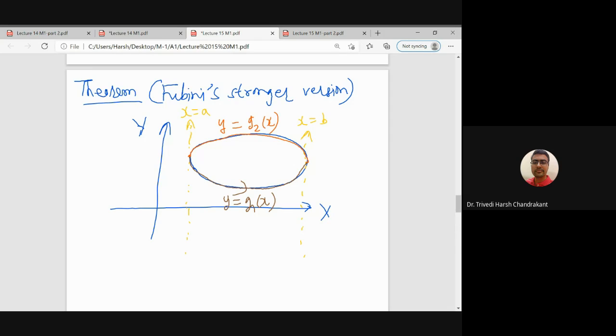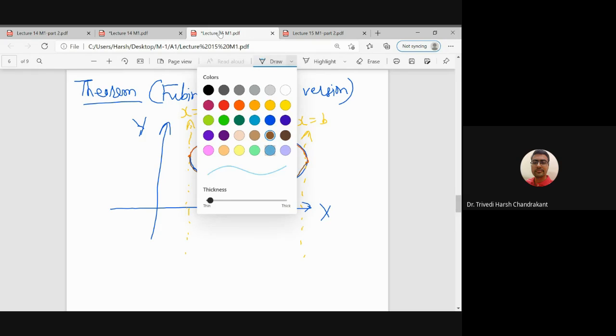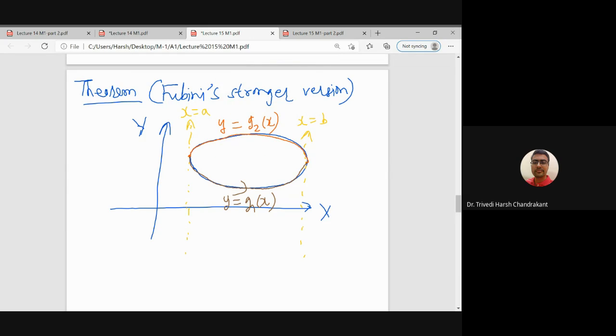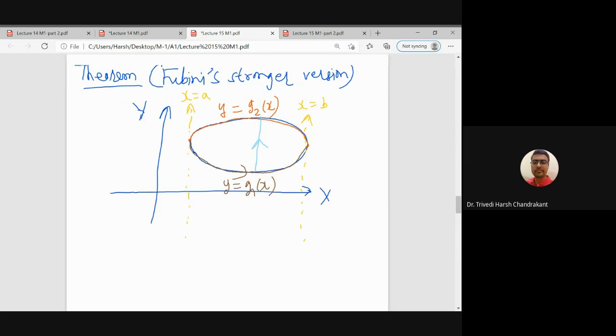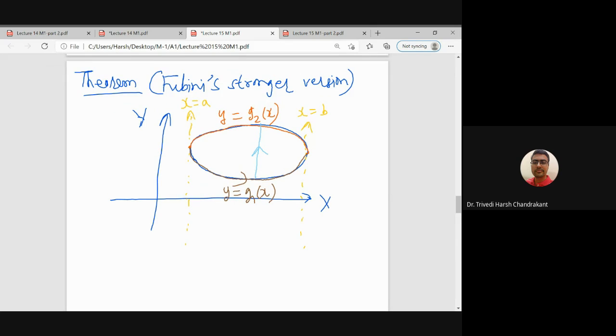I have written g1 below because essentially we are dividing the region along the y-axis. On the y-axis, we go from negative numbers to positive numbers, therefore it will go from below to above. So this is dividing the region along the y-axis.